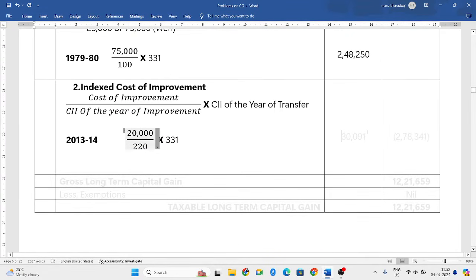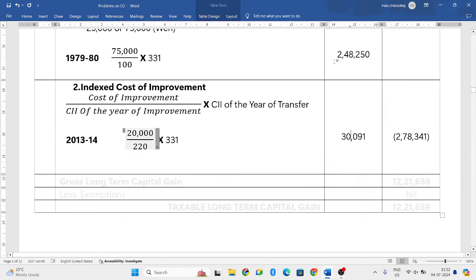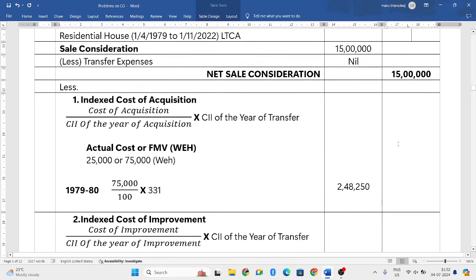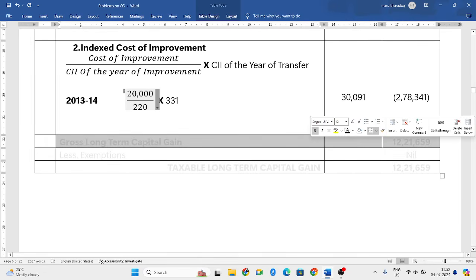If you do this, you get an answer of 30,091. If you add these two, 2,48,250 plus 30,091, you get a total of 2,78,341. That is the total amount which you have to deduct. Your net sale consideration is 15 lakh. From that you subtract 2,78,341.